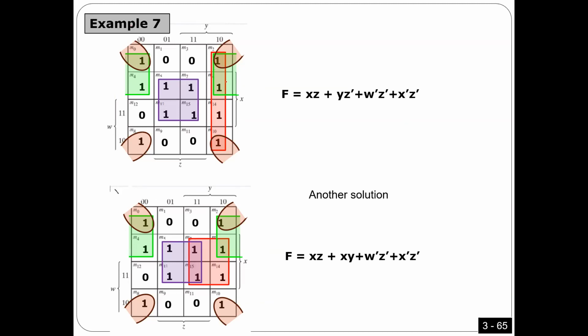To cover these ones, instead of the green group that I have here and here, I can cancel it, and instead make this one a group of 4 as well. I don't know if it's correct or not. Think about it, it just came to my mind right now, but I think it should be okay. You got what I'm saying? By this way, I can have another solution.